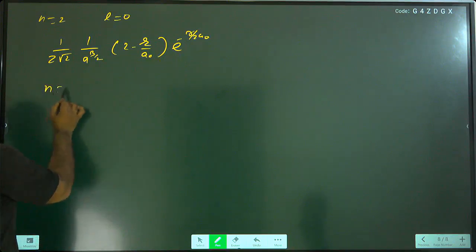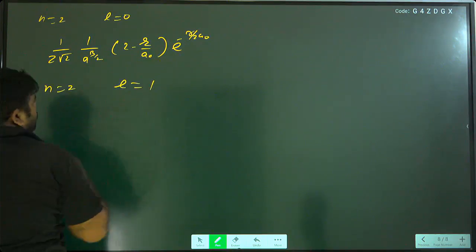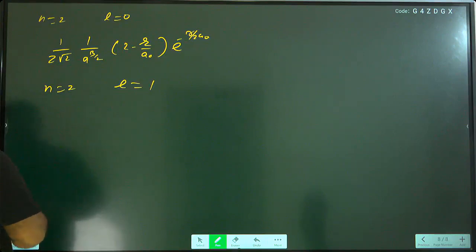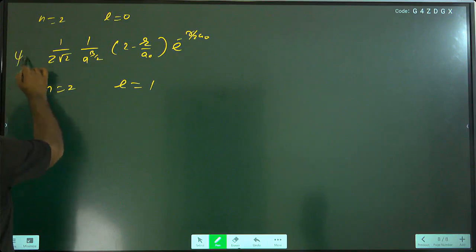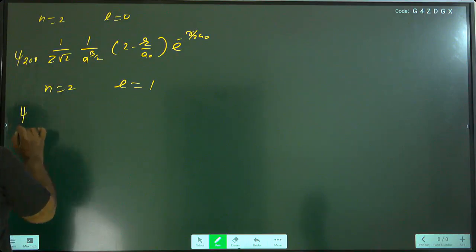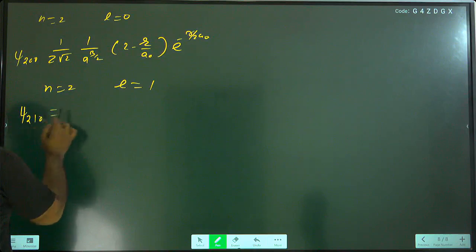Next, n is equal to 2, L is equal to 1. Okay, then we're getting values 1 upon, this is the value of psi 2 0 0. Next, psi 2 1 0 is equal to how much?